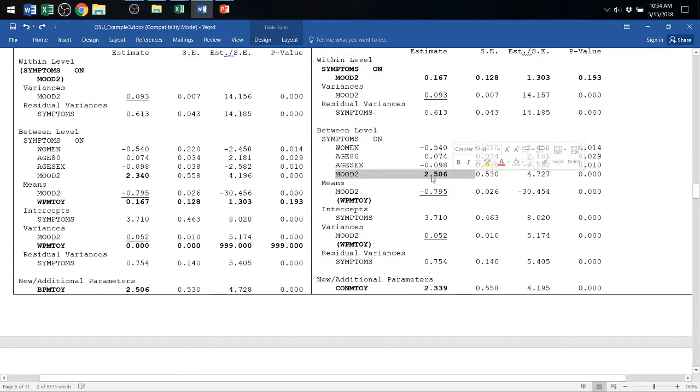So the 2.5 means, without controlling for how grumpy I am today, for every unit grumpier I am than other people on average, I get 2.5 more symptoms on average. After controlling for how grumpy I am today, I only get 2.3 more symptoms on average.